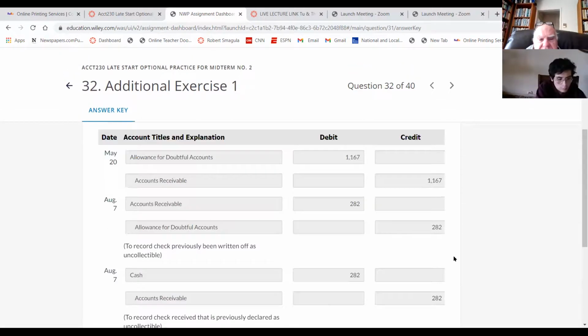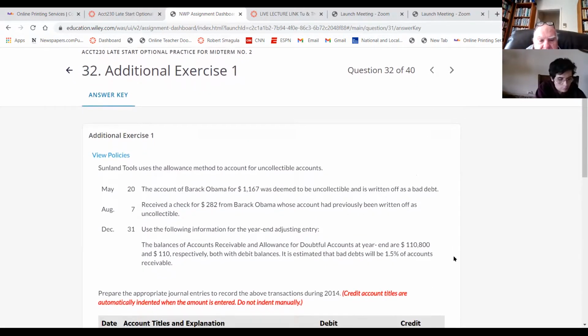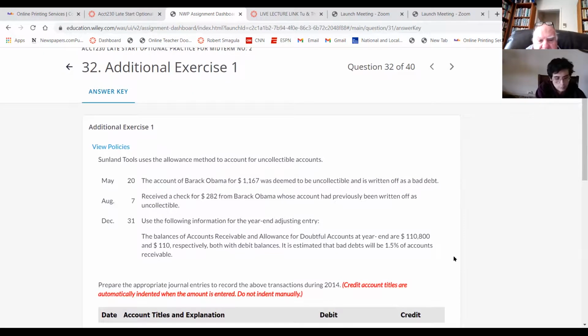The bad debt expense, they're asking us to figure that out. The balance of accounts receivable is 110,800. You take 1.5% of 110,800, Miguel, and then you add in that 110 debit balance, and that'll give you the answer.